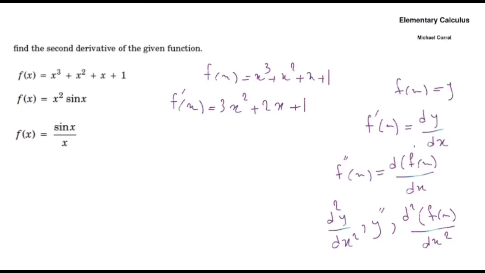So the second derivative of f(x) equals the derivative of f prime x, which is 3 times 2x plus 2. So the second derivative of f(x) equals 6x plus 2.